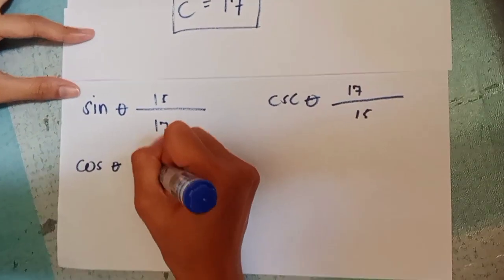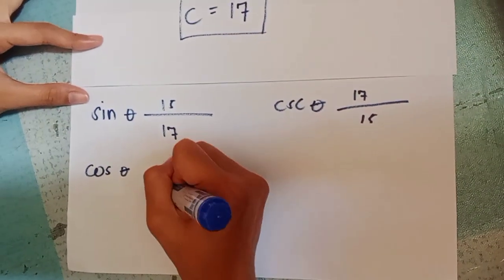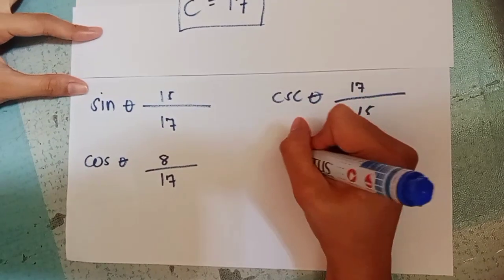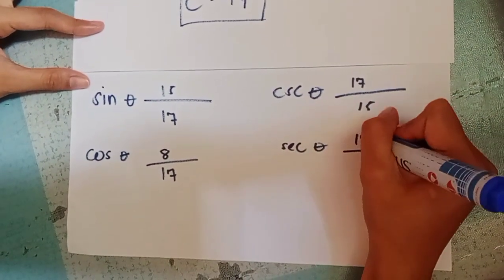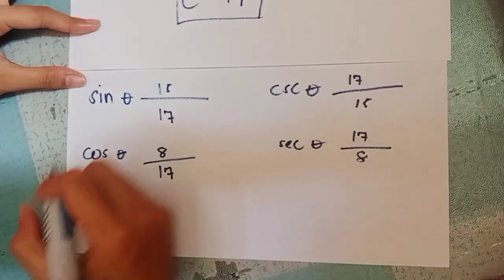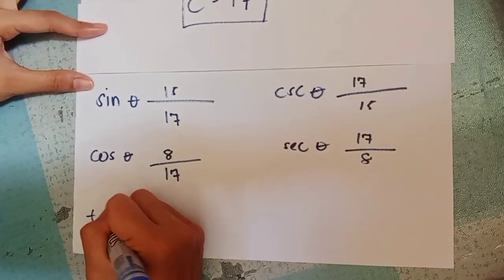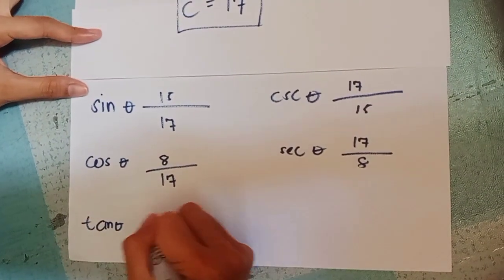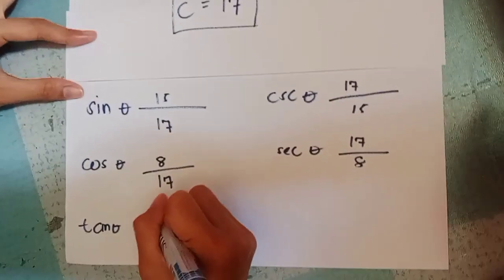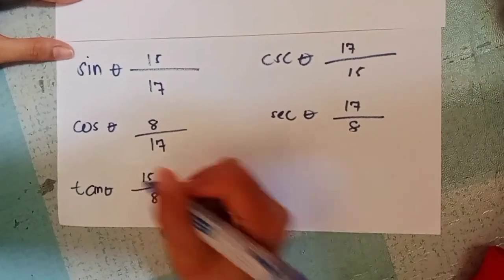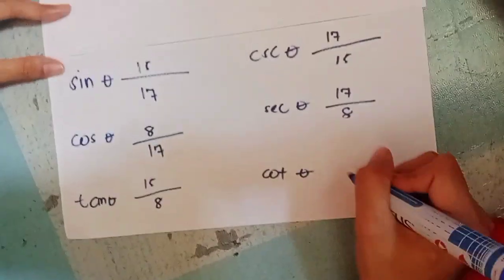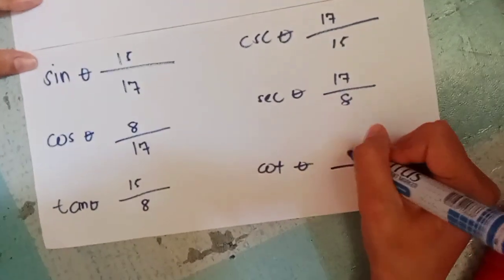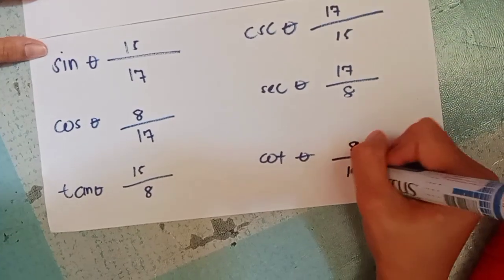Cosine equals 8 over 17. Reciprocal of cosine is secant. It is 17 over 8. Tangent equals 15 over 8. The reciprocal of tangent is cotangent. It is 8 over 15.